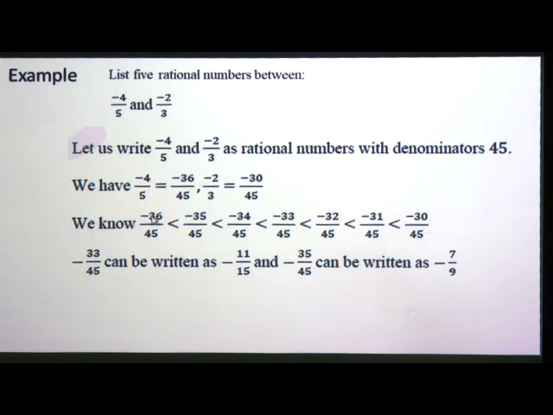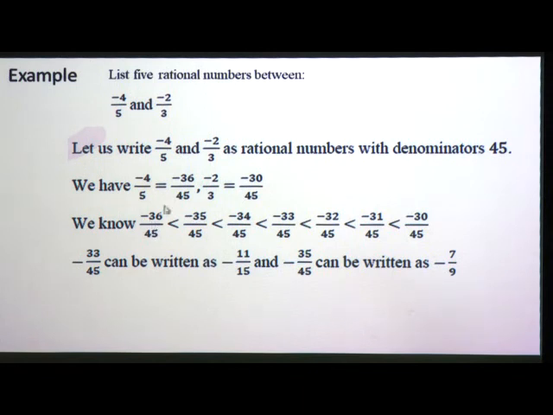We know minus 36 upon 45 is smaller than minus 35 upon 45, is smaller than minus 34 upon 45, is smaller than minus 33 upon 45, is smaller than minus 32 upon 45, is smaller than minus 31 upon 45, is smaller than minus 30 upon 45. How do you know this?